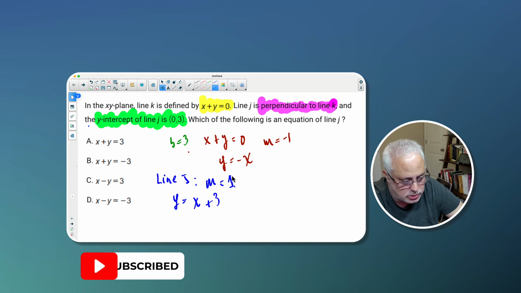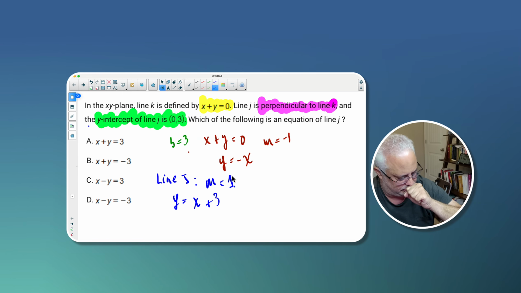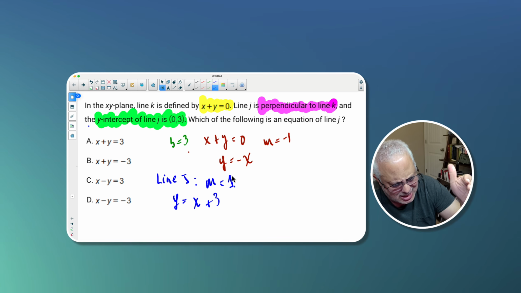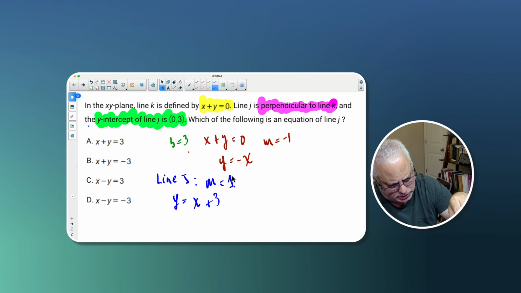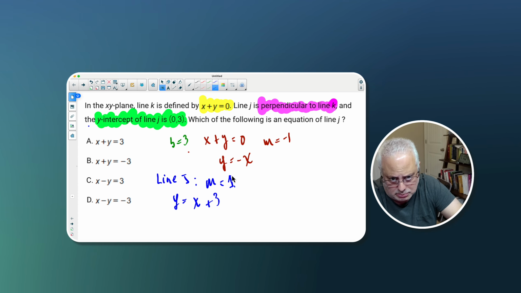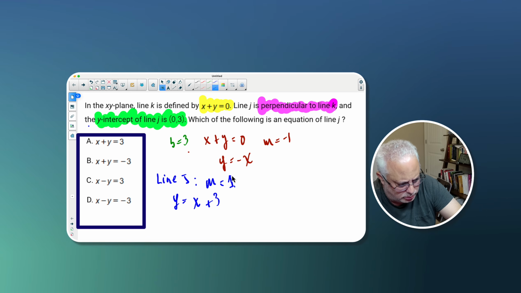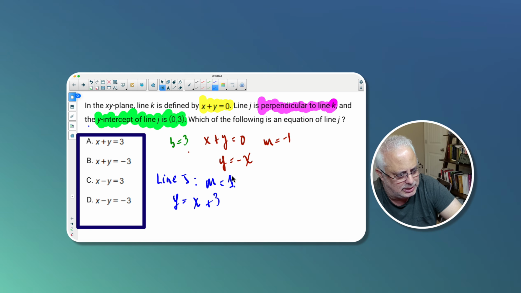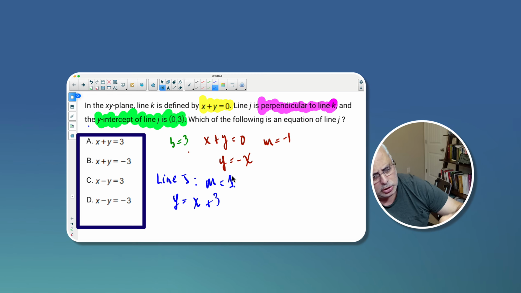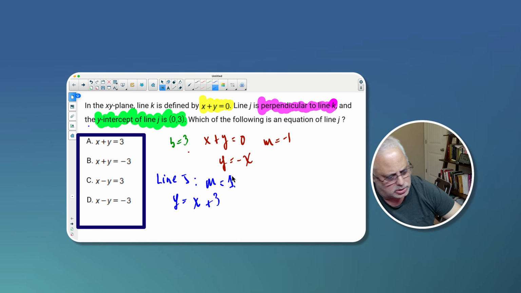So what is the answer? This is the time now to go over the multiple choices. Notice that the multiple choices are written in standard form, and I have my equation written in slope-intercept form, but I can transform it in order to generate the answer in standard form. Notice that they have x plus y equals a constant, or x minus y equals a constant.